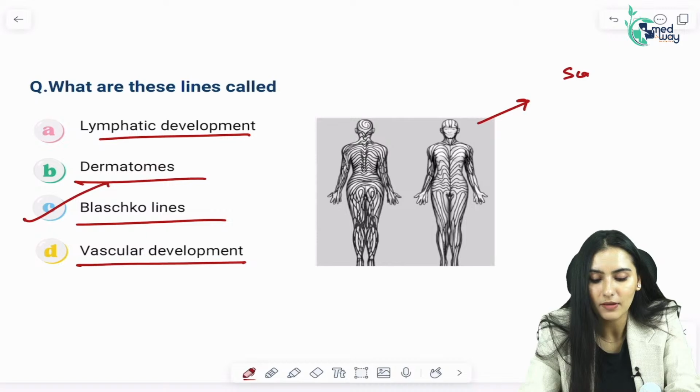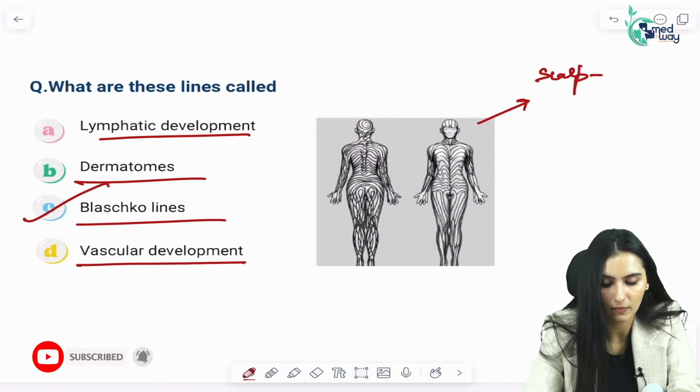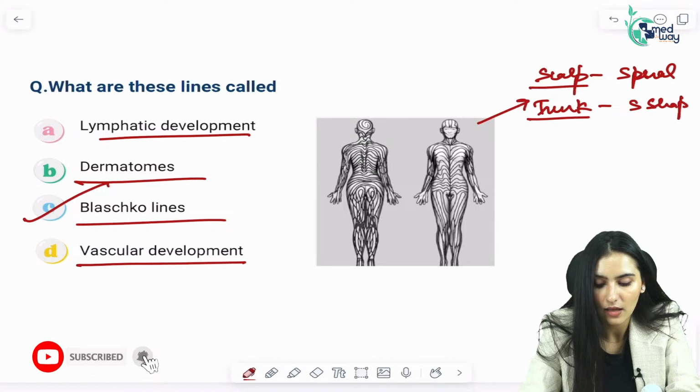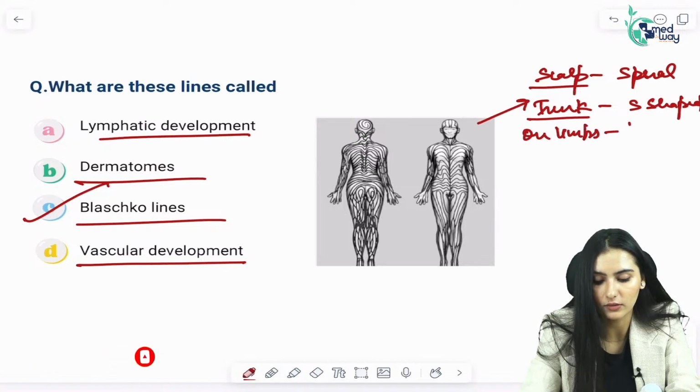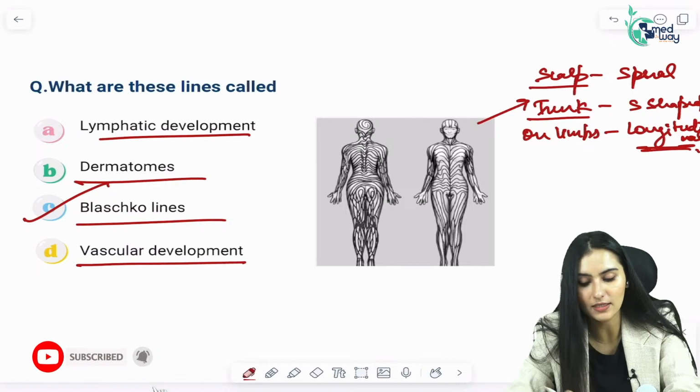On the scalp, they are going to be spiral. Alright, on the trunk, they are going to be S-shaped, and on limbs, longitudinal. Okay, so what is it? These are Blaschko lines.